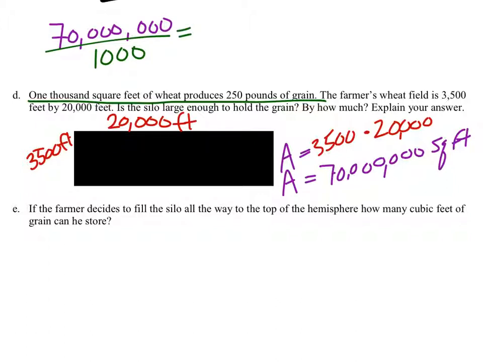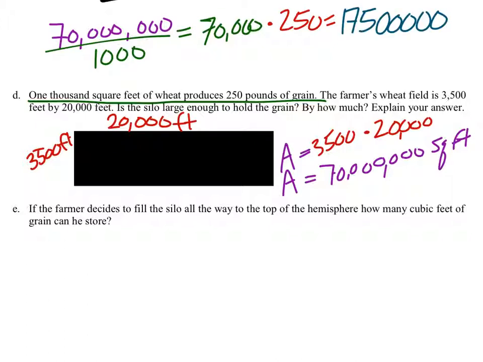You could just cancel out the zeros, but in any case, this is 70,000, which I can now multiply by the 250, which would tell me exactly how many pounds we would expect from this farmer's field. This gave us 17,500,000 pounds of grain. That's like how much I weigh.